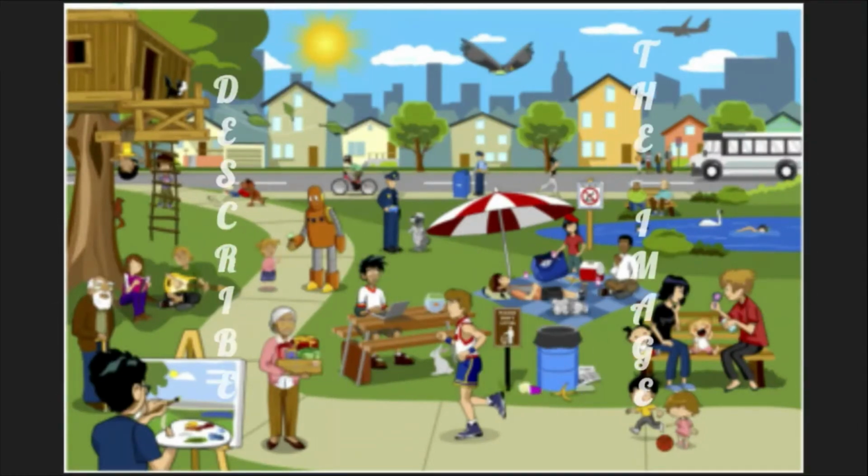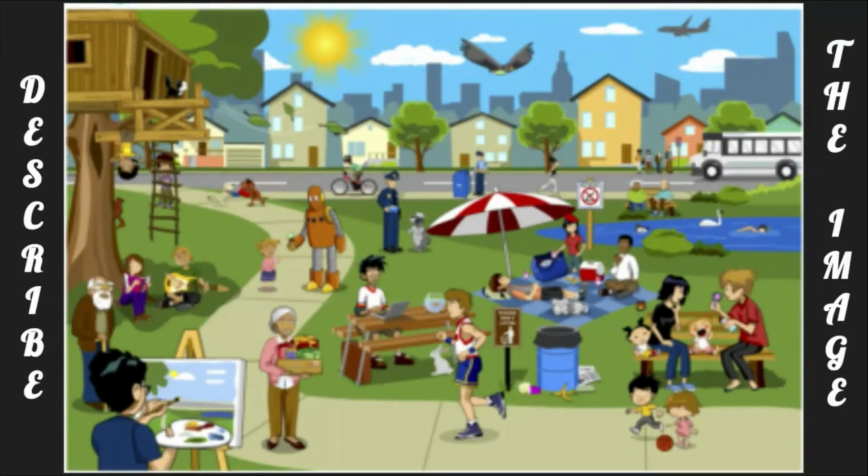So what we are going to do now, I want you to pause the video and describe the image. I want you to especially concentrate on the actions that you see. So one example is the sun. The sun shines, right? So that is an action that I see.